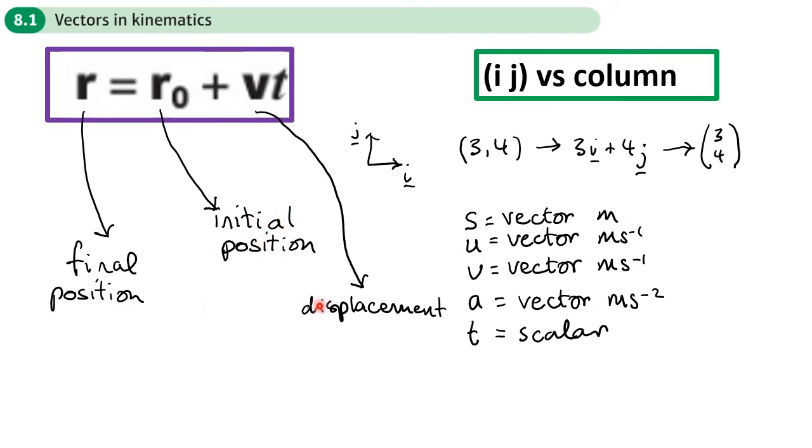Initial position r0 plus displacement, velocity times time, will give you the final position. This is very useful for the kinematics questions that we're going to be tackling.